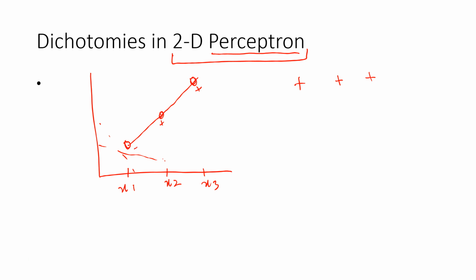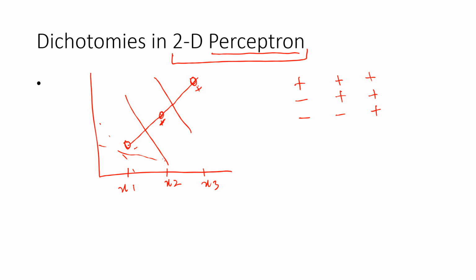Of course, I can segregate these into negative and positive regions by a perceptron, which is nothing but a single line. So the dichotomy that can again be implemented by my perceptron is minus, plus, plus, right? Similarly, if I create a minus here, let's say this is a negative, and this lies in the positive region, I can have a perceptron like this that can categorize and implement the dichotomy.